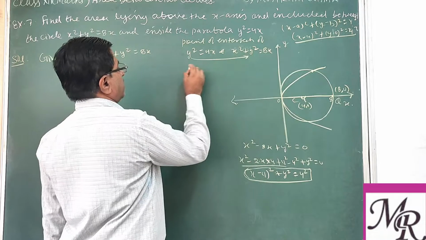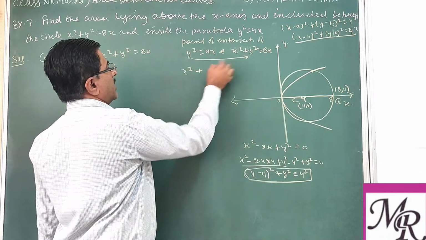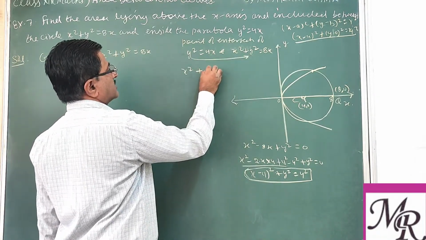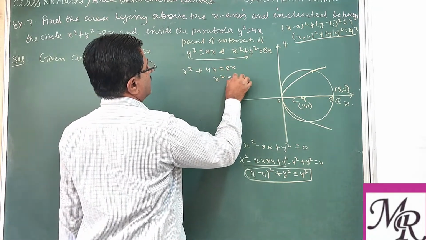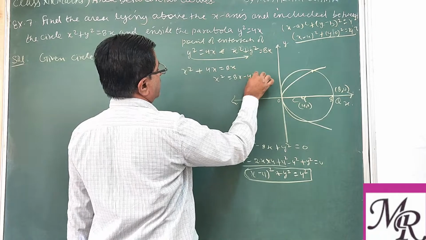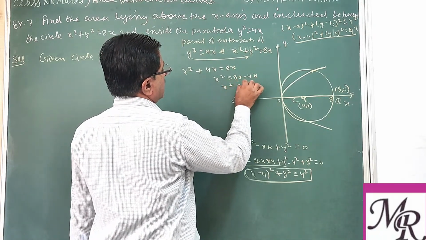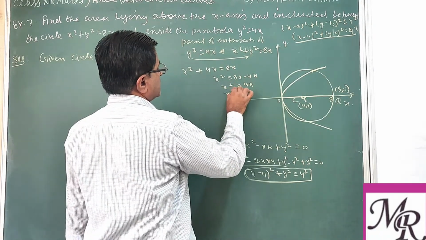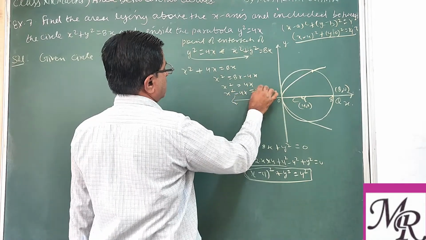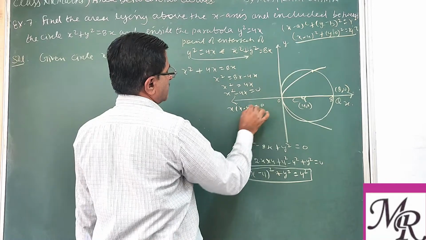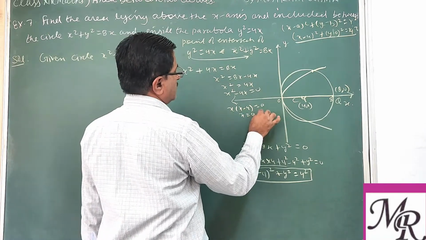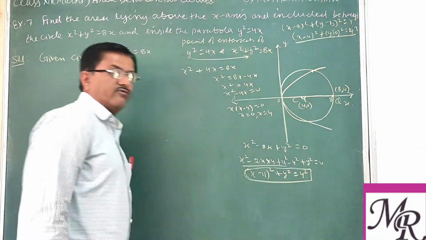So it will be equation one. So x² + y², that is 4x, = 8x. So x² = 8x - 4x. So x² = 4x, or x² - 4x = 0. So x you take common. So either x = 0 or x = 4.